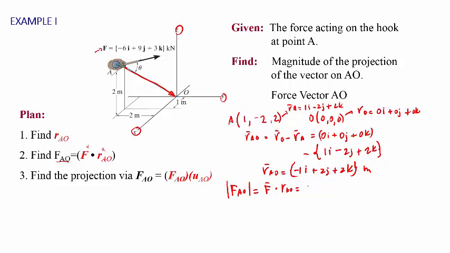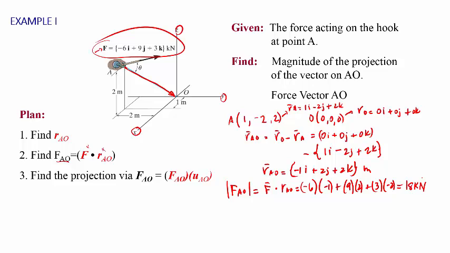So here's my force vector. So I have minus 6 minus 1 plus 9 times 2 plus 3 minus 2, and this is 18 kilonewtons. So that is the magnitude of the force.